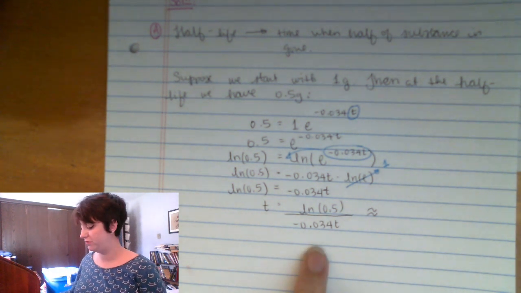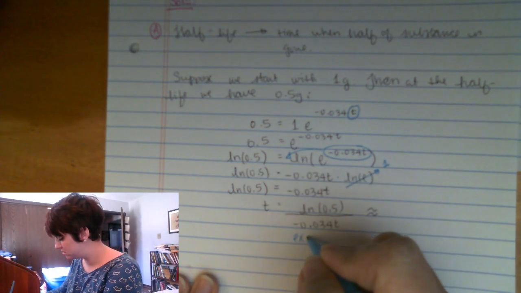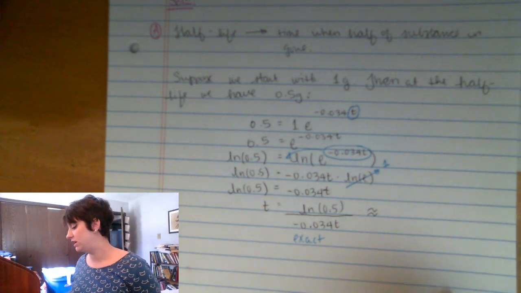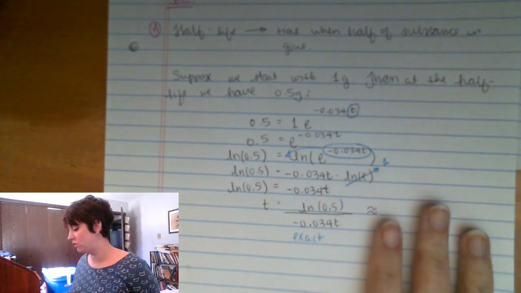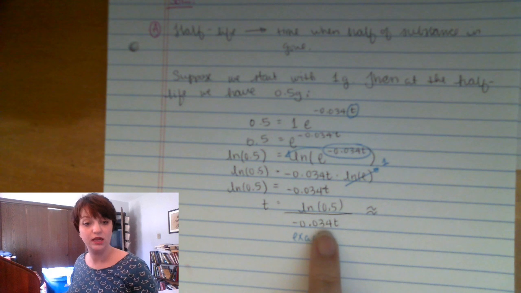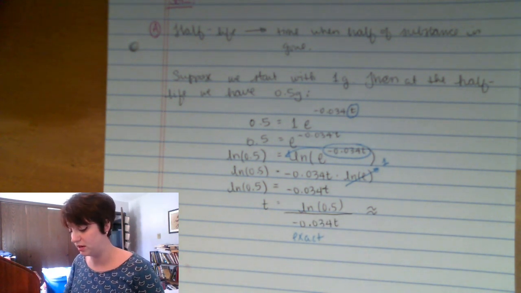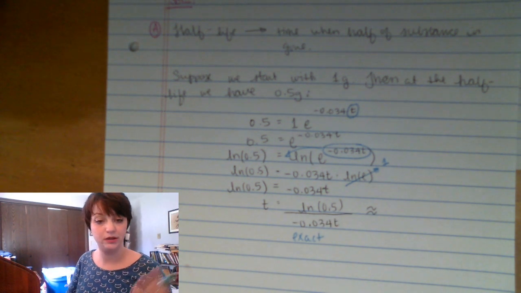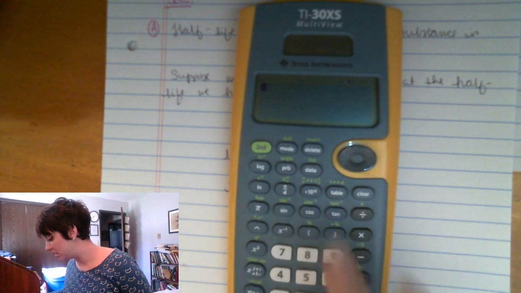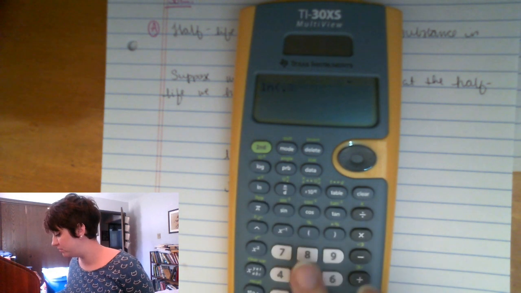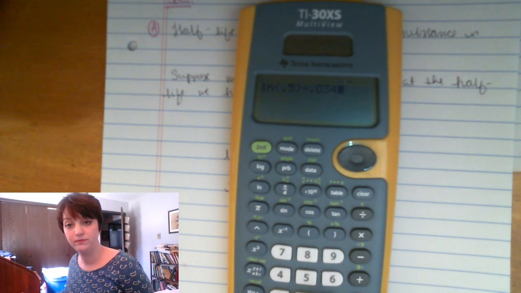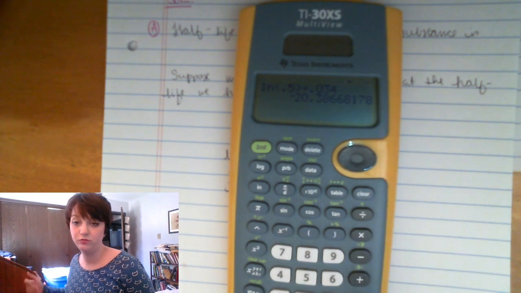Right, so this is what we call exact. So I'll be checking that on the exam. If you do the exam problem and you give the wrong decimal approximation and Hawks gives you no points, but this thing is right, yeah, you're getting almost all of your points back. Maybe you don't get one of them. Okay, natural log of 0.5 divided by negative 0.034.